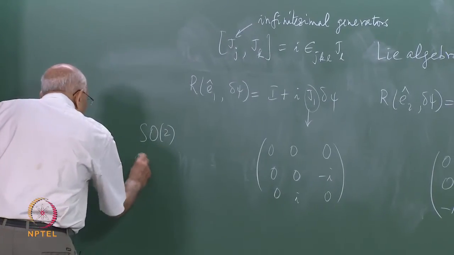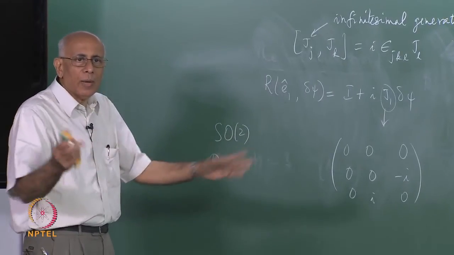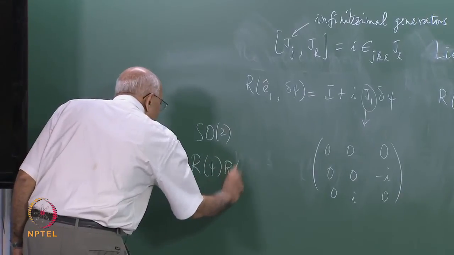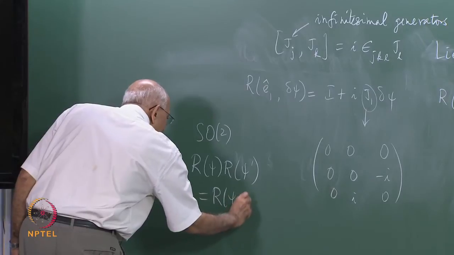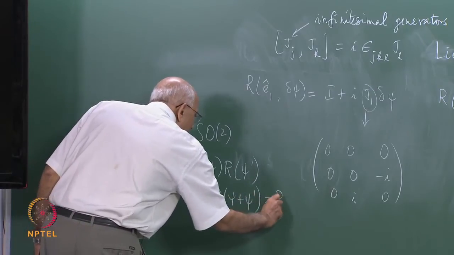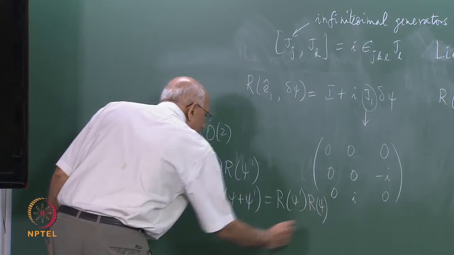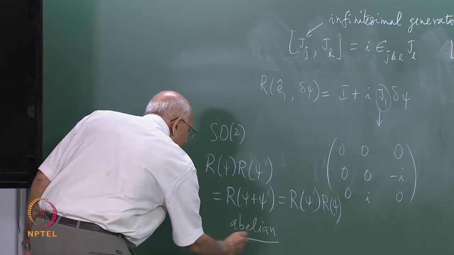So if you rotate, since there is only one point which is kept fixed, the origin, there is no axis here, let me just write R of psi. In this case, R of psi prime R of psi is equal to R of psi plus psi prime, which is also equal to R of psi R of psi prime, and the group is said to be commutative or abelian.